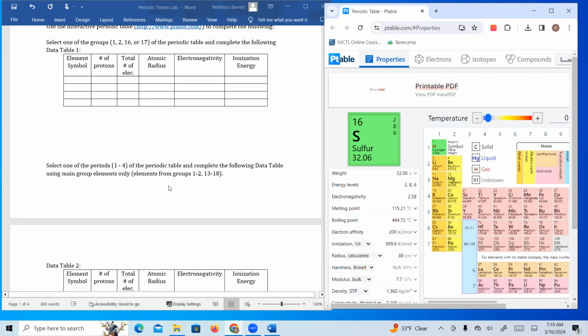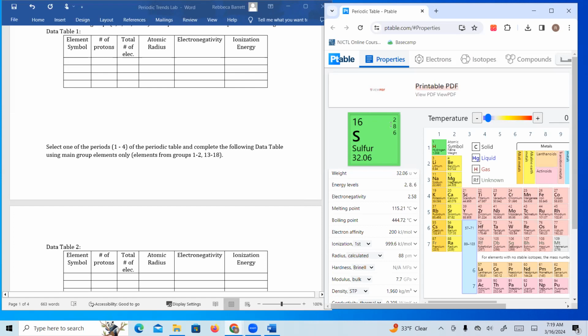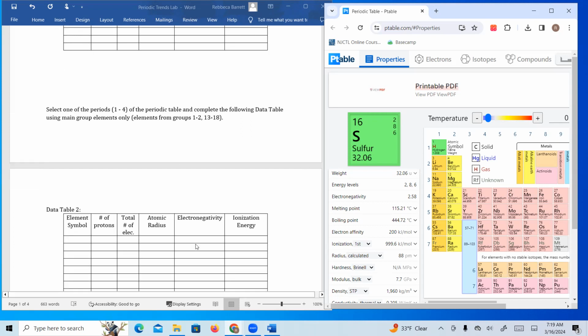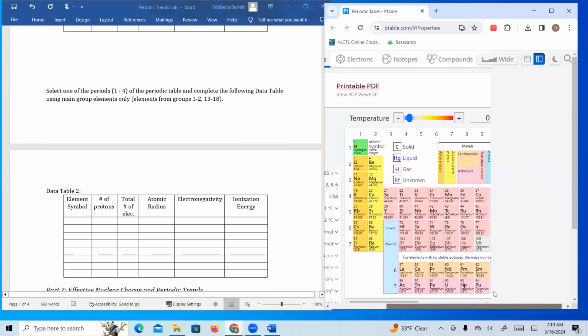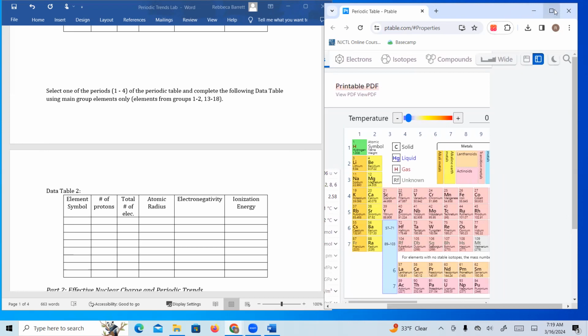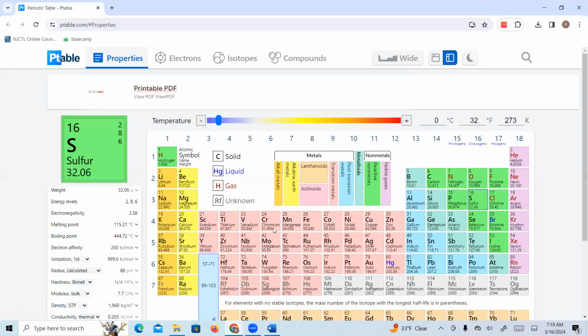And I'm going to repeat this, but I'm going to choose one of the periods, 1 through 4. So either row 1, row 2, row 3, or row 4. And I'm going to write the data for main group elements only. So if you choose period 4, make sure you don't include this middle part here. So just group 1, group 2, and 13 through 18.